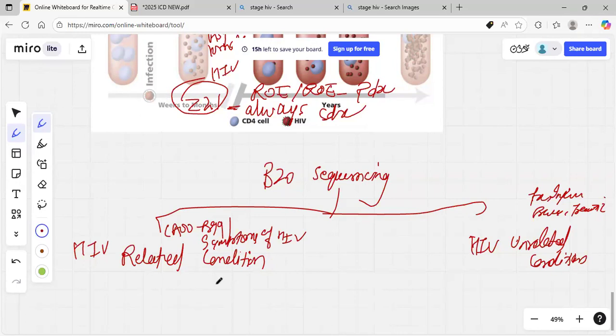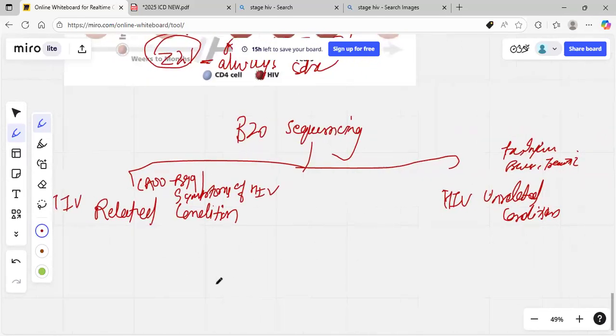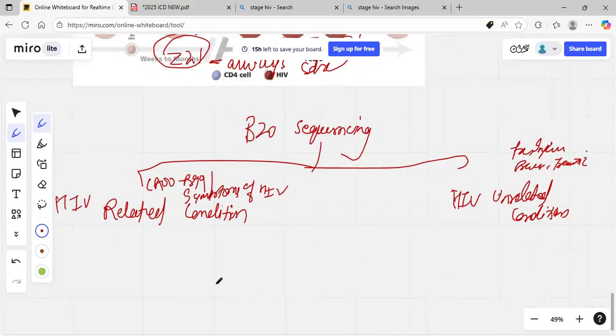So our sequencing is based on whether the condition is HIV related or unrelated. If the patient is coming with an HIV related condition, then we have to use P20 as a primary diagnosis and the related condition as a secondary diagnosis.